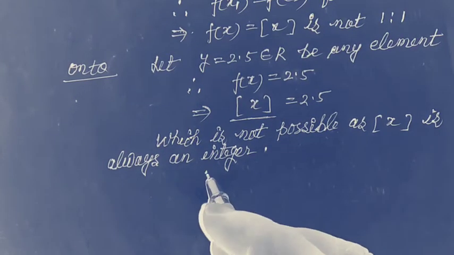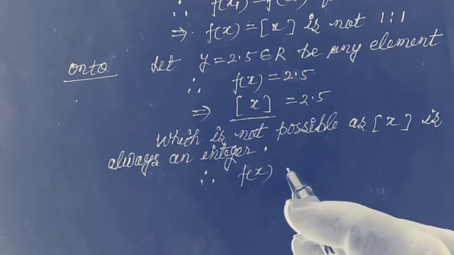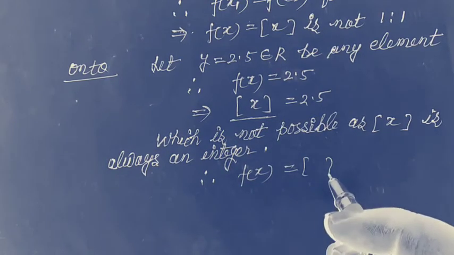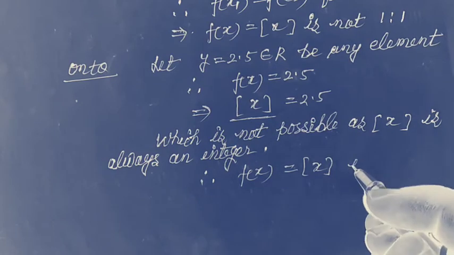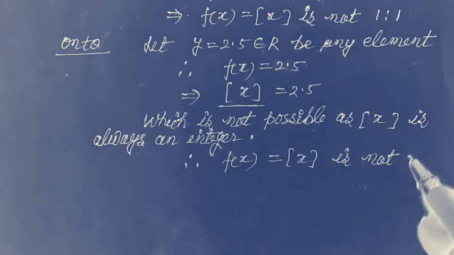Therefore f(x), the greatest integer function, is not onto.